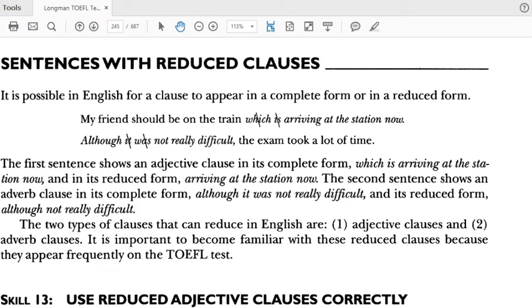Okay, it's in Skill 13, and it's a little bit difficult. Because we talk about reduced clauses, we focus on reduced clauses and we focus on meaning too, a little bit of meaning.